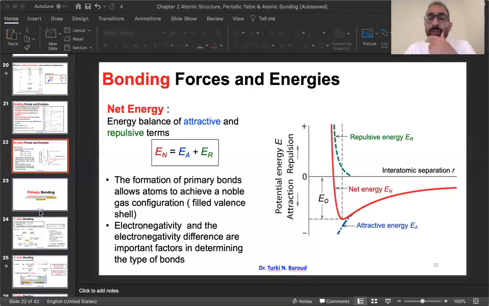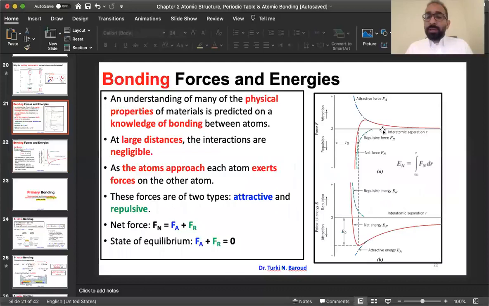Yes. So if you look here, at this point when F net equals 0, the magnitude of the force pulling the two atoms together equals the one pushing them away.